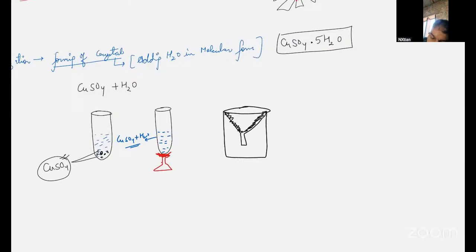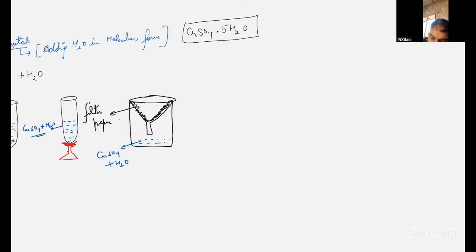This is a filter paper. I will filter it to remove the impurities. So this is again only CuSO4 plus water.